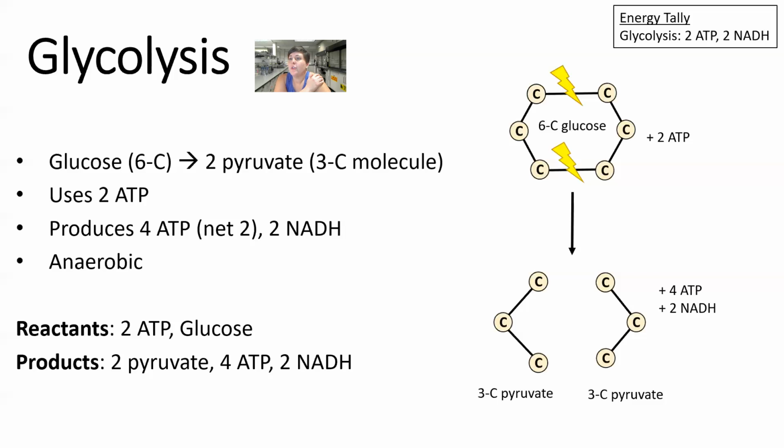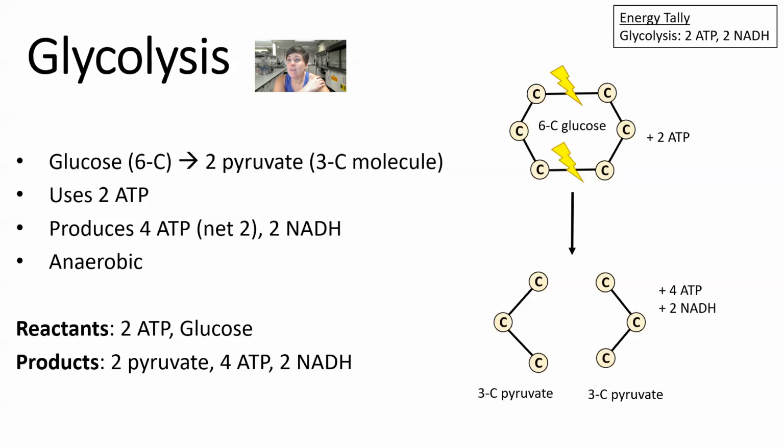Okay, so what we need to do is keep track of the energy we have created so far. So you can see my energy tally over at the top right. You can see that via this process, I have those 2 NADH recorded. So those are carrying our energy in the form of electrons. You'll notice that in the energy tally, I have 2 ATP.